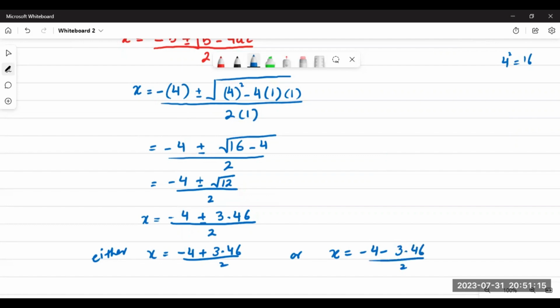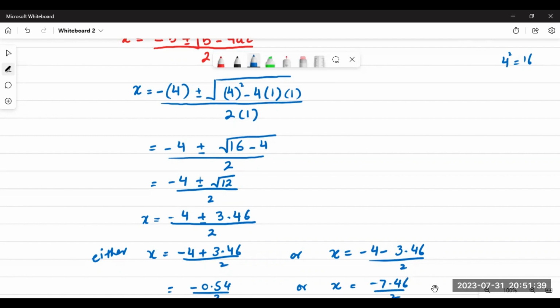If we simplify, 4 and 3.46 give the value minus 0.54 divided by 2, and from the other one we get minus 7.46 over 2.